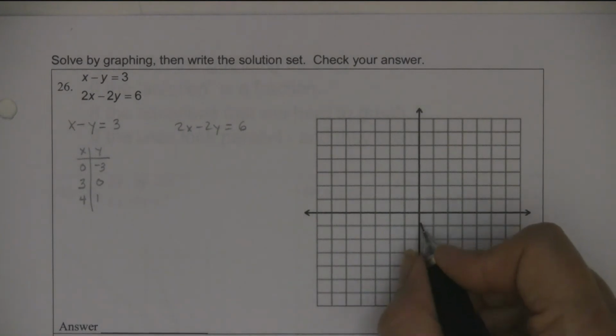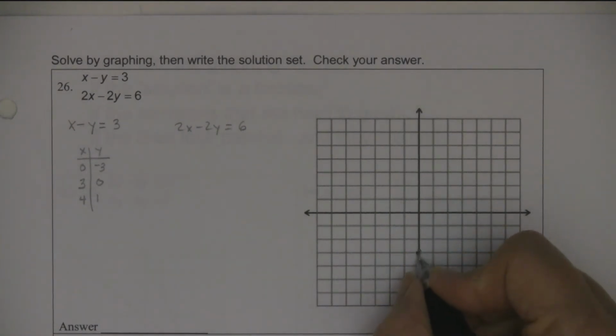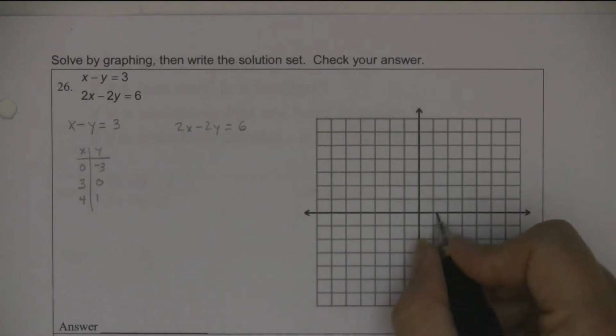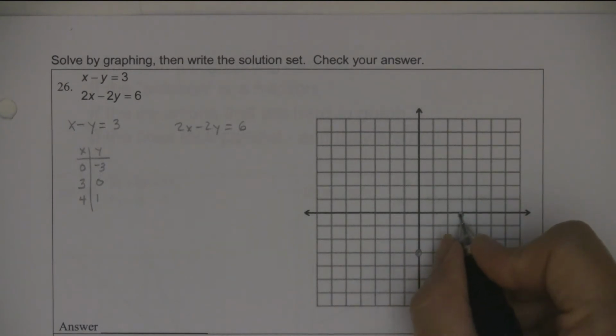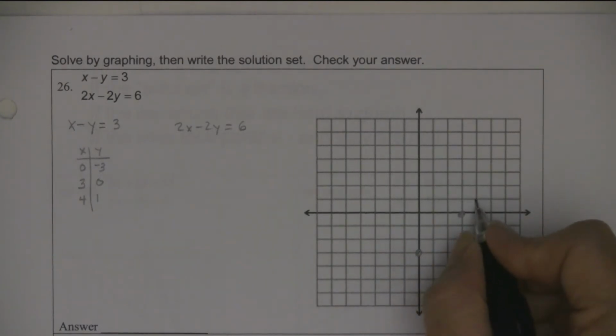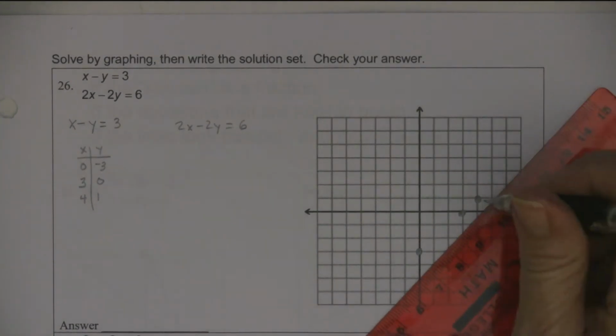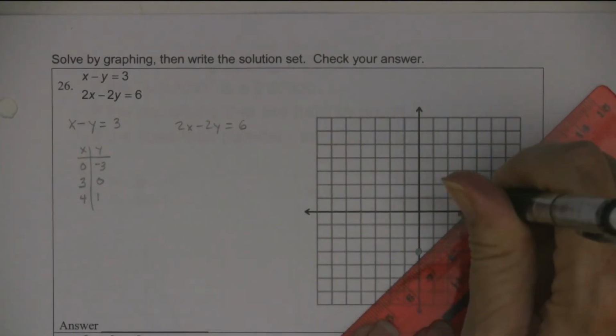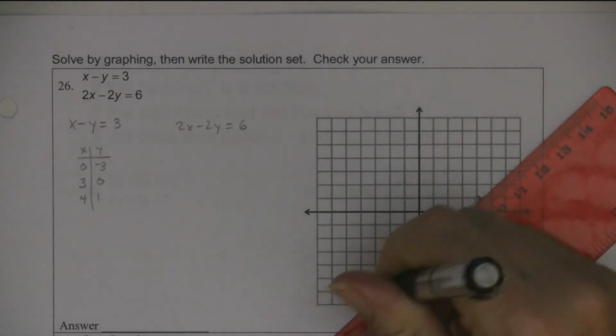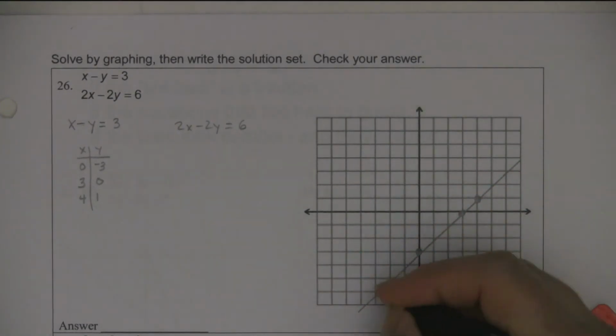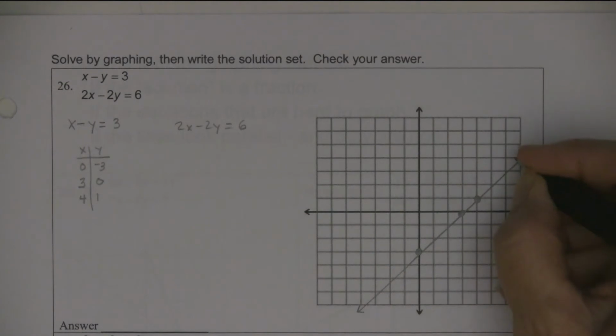So 0, 3, and 3, 0, and 4, 1. And so they look like they're falling on the same straight line there. And so there's our equation 1.